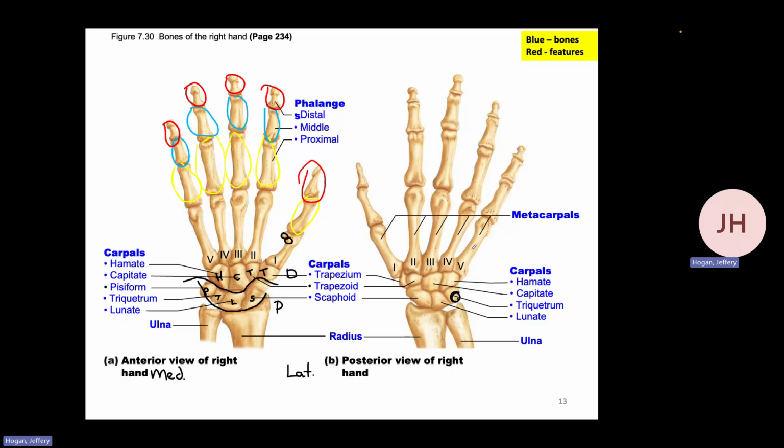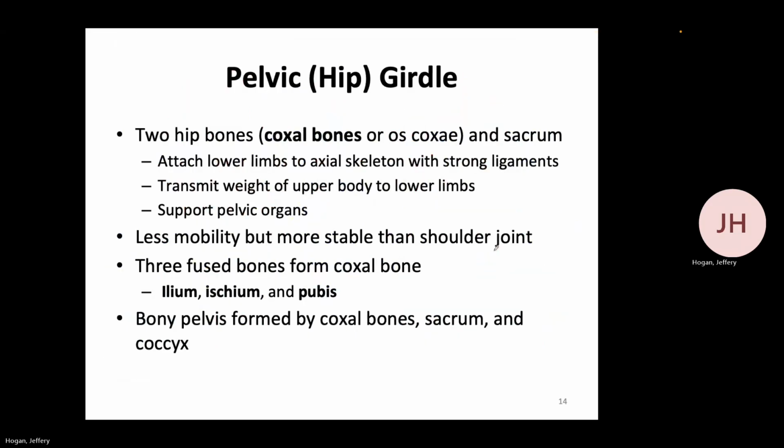Thinking back to our bone classification, the metacarpals, 1 through 5, and all of the phalanges are classified as long bones. The carpals are classified as short bones. The radius and ulna are also classified as long bones.